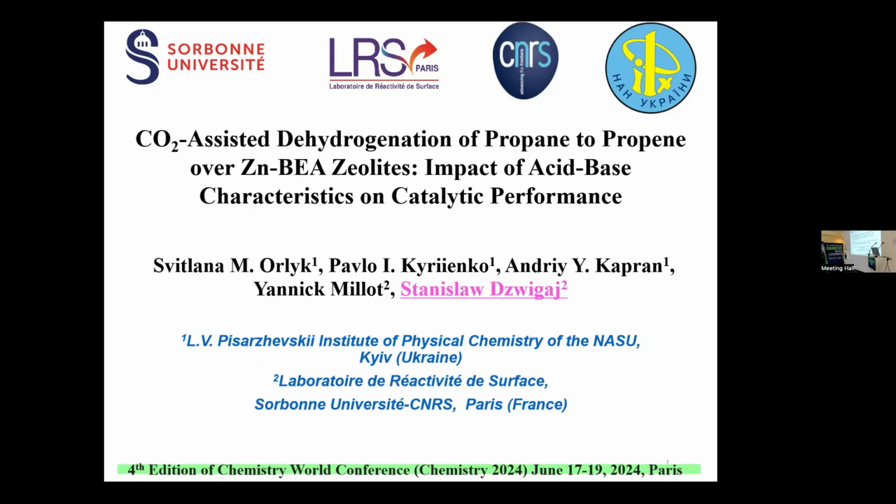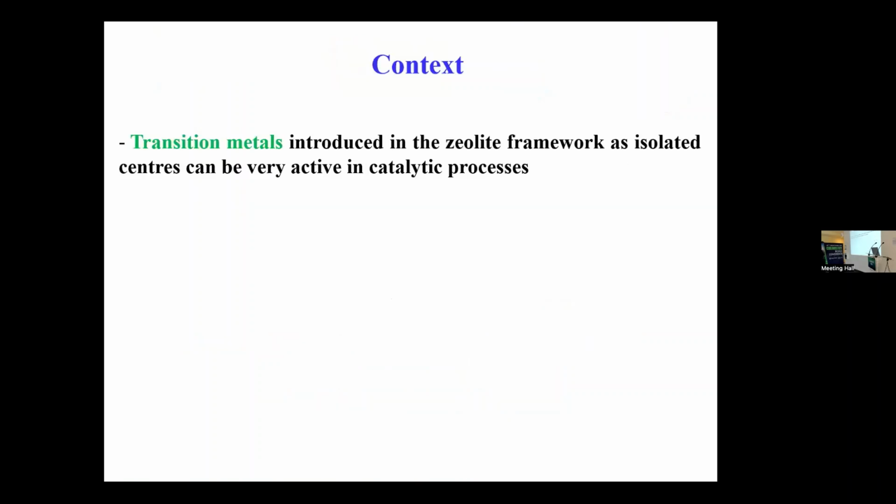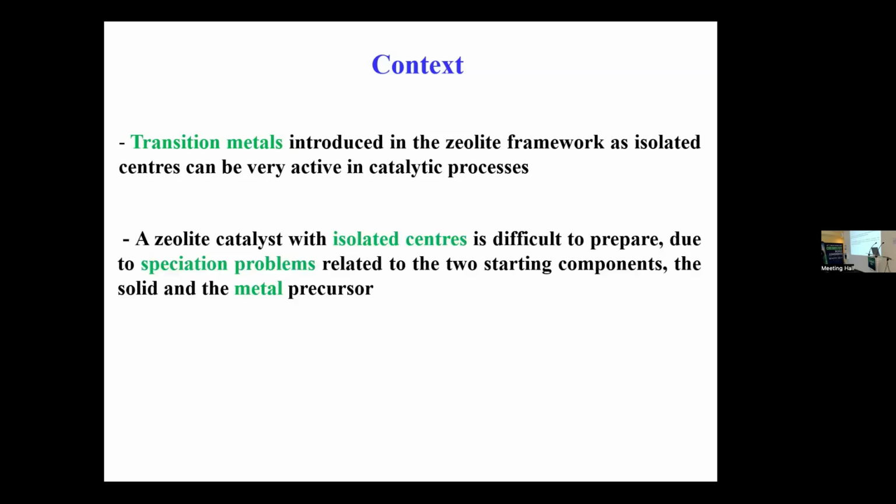Okay, then I would like to speak to you about the context of this work. Transition metals introduced in the zeolite framework as isolated species are very interesting from the point of view of catalytic processes. A zeolite catalyst with isolated centers is difficult to prepare because of the speciation problem related to the starting components, the solid and the metal precursor.